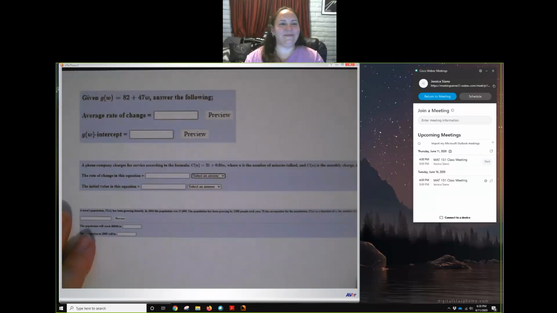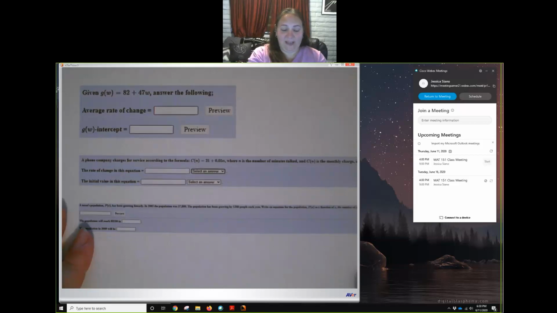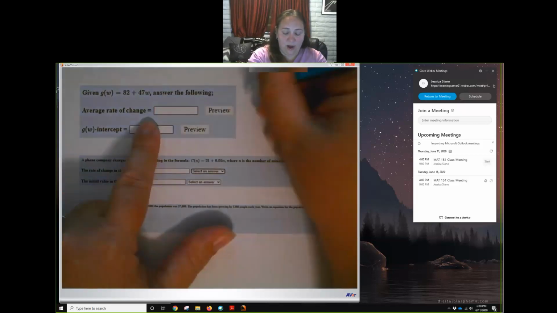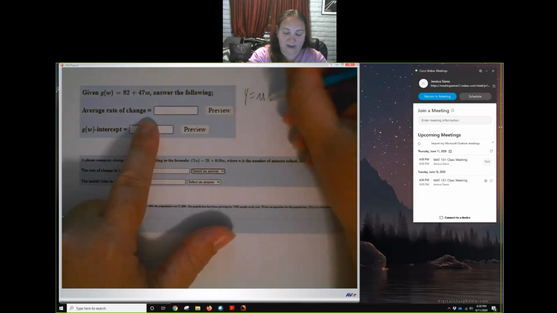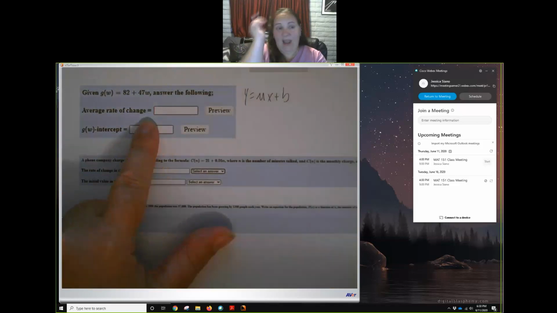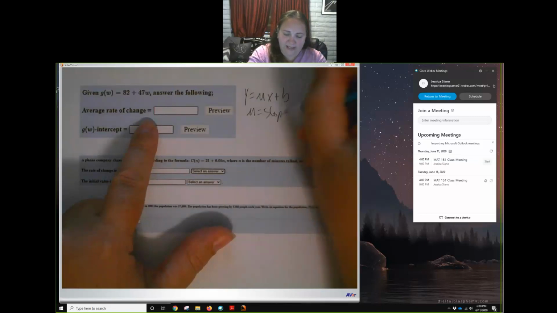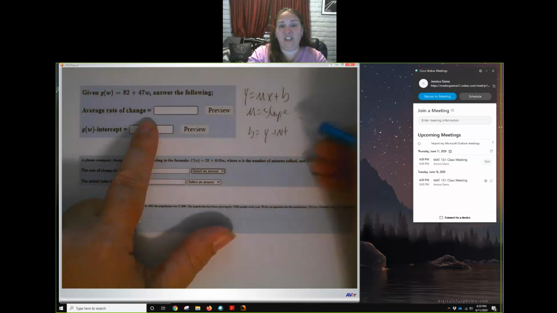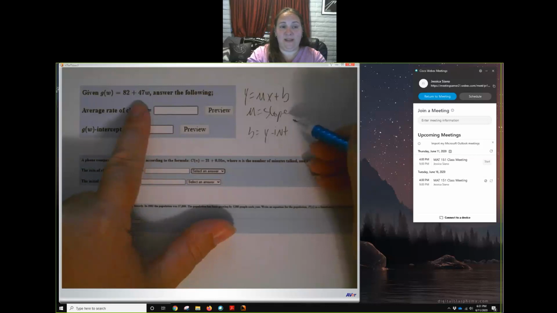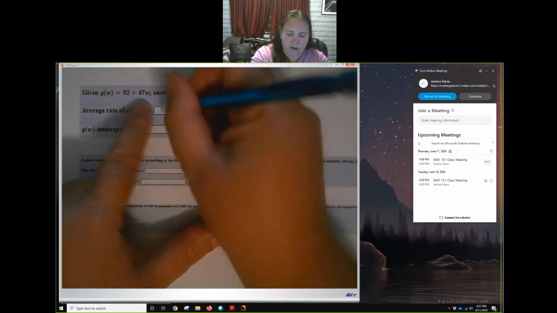Okay, so keeping in mind that my slope intercept form is y equals mx plus b, where m is my slope and b is my y-intercept, like I said. Remember that slope and average rate of change are the same thing. So they ask you for average rate of change, you're just going to pick the number attached to the variable.